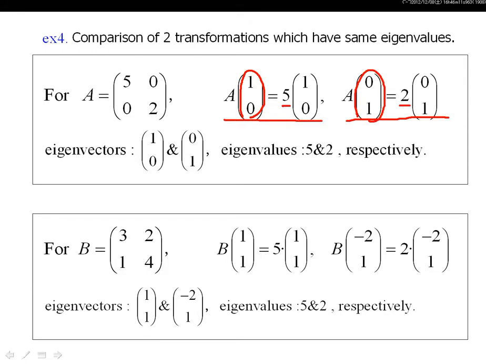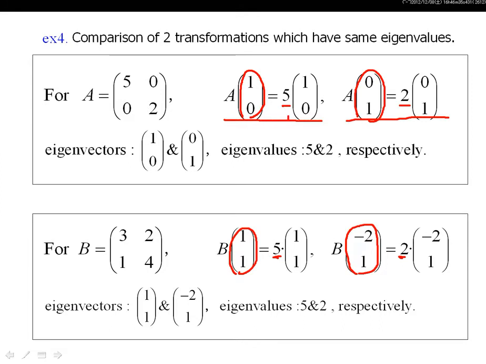And B is 3, 1, 2, 4. By calculation, B(1,1) equals 5(1,1), so (1,1) is an eigenvector and the eigenvalue is 5. B(-2,1) equals 2(-2,1), so the eigenvector is (-2,1) and the eigenvalue is 2.